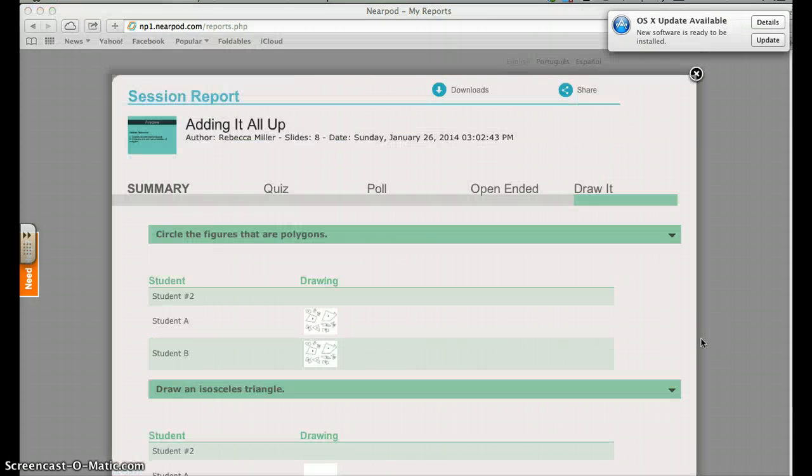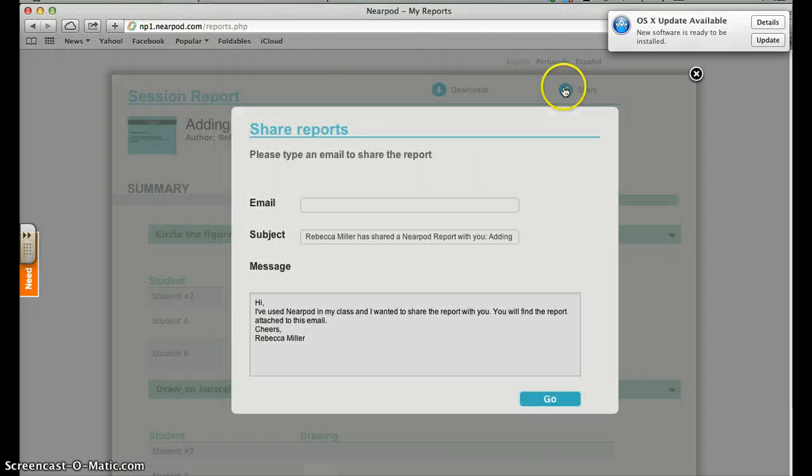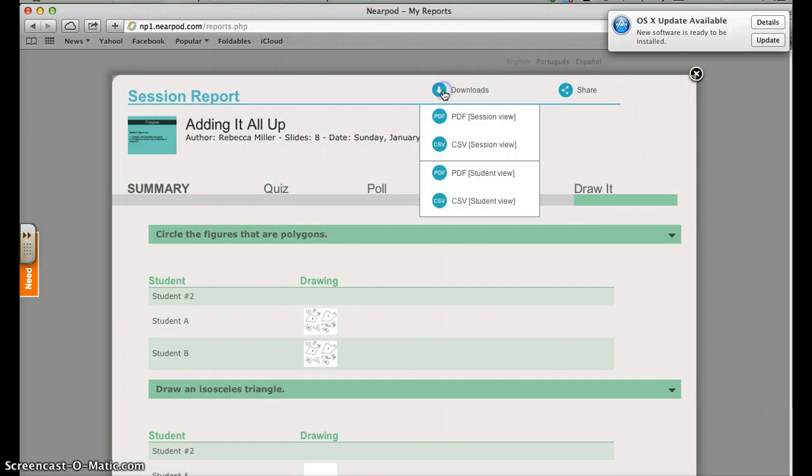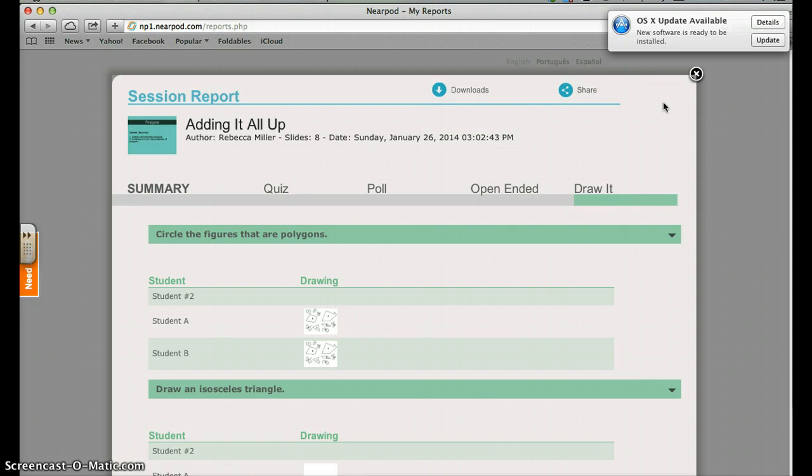As one final assessment feature, as I mentioned earlier, we can share these results in an email with anyone we would like to share them with, maybe another colleague, an administrator, parents, whoever we need to share them with. And we can also download these into a PDF, print them out, and give them to students individually.